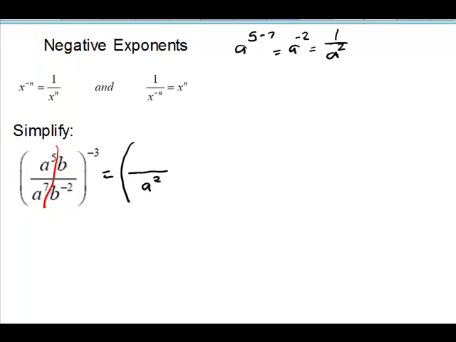For the b's, your rule is subtract top to bottom, or you could shift this with the negative up. It's going to give you b to the 3rd. Either way that you go, 1 minus a negative 2, minus a negative makes plus, so it gives you b to the 3rd, positive exponent, so it goes on the numerator.